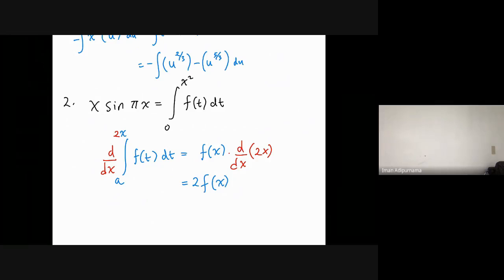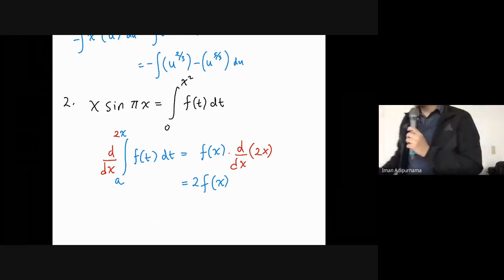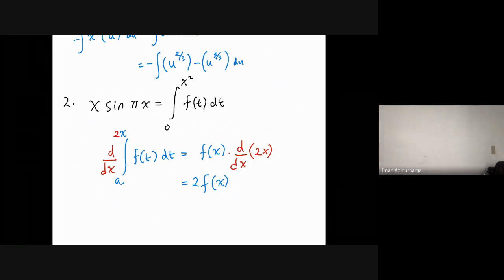Okay, got it? So if you have x squared as the endpoint, the integral of f(t) dt becomes f(x squared) multiplied by d/dx of x squared, which means 2x. So this becomes 2x f of x squared. Okay, get it?